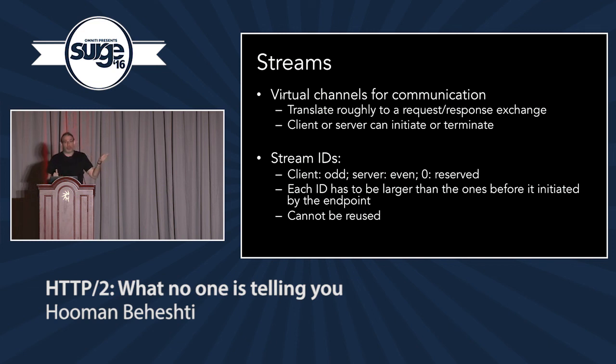If it's an odd number stream ID, it was a client-initiated stream. If it was an even number stream ID, it was a server-initiated stream. And stream 0 is reserved for the connection itself for management reasons. The only rules are they have to increment and you can't reuse. With the bit space, that's about 1 billion streams per peer. So hopefully you'll be able to do that for the lifetime of the connection.